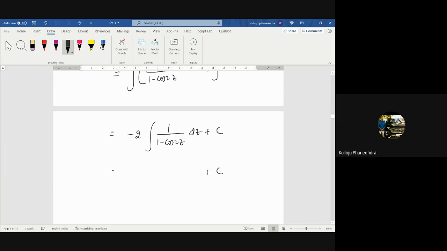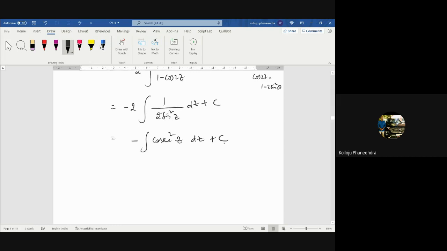What is this one? 1 minus cos 2z means what? Cos 2z equals 1 minus 2 sin square z. Is it correct? Right? So 2 sin square z, 1 by 2 sin square z dz plus c. 2 gets cancelled. This is cosec square z dz plus c.